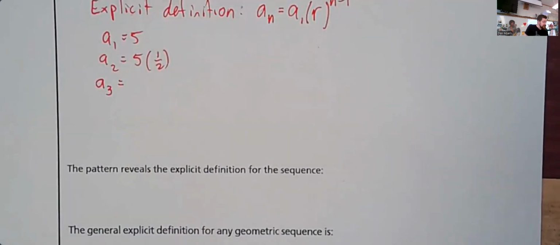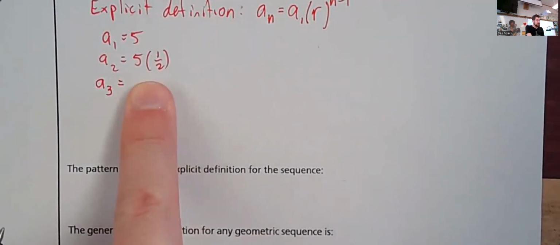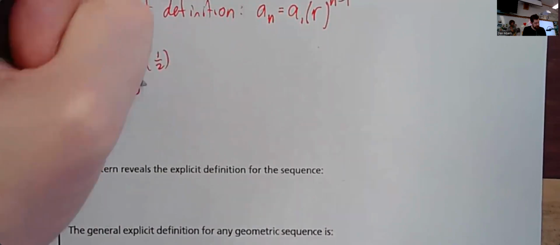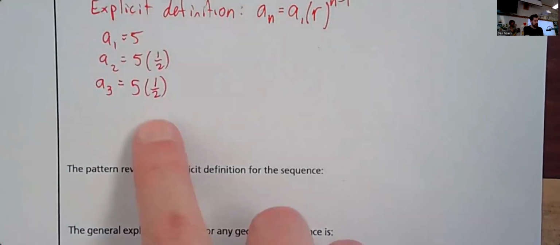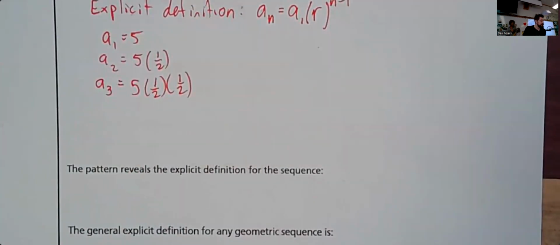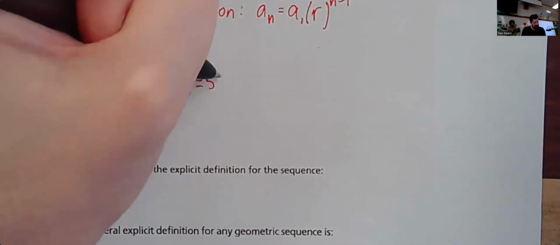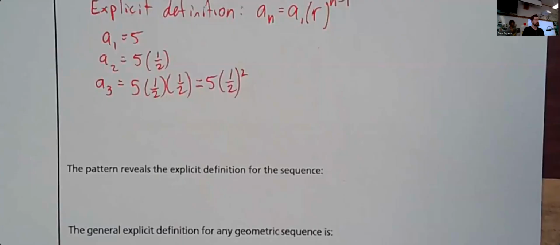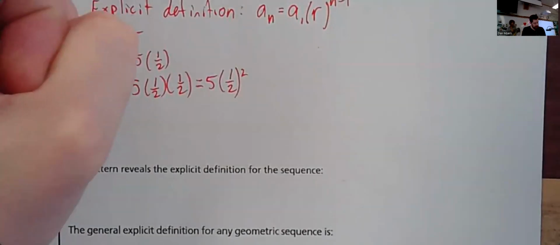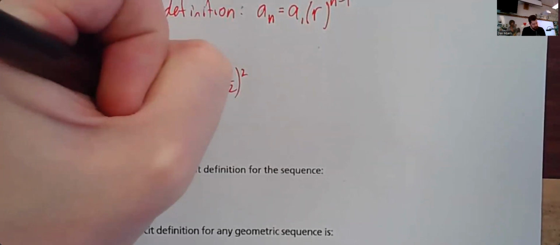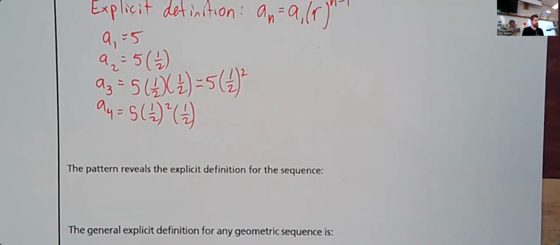A sub 3. Yeah, and that would be the same thing as the previous answer multiplied by 1/2, right? So that would be the previous answer of 5 times 1/2 multiplied again by 1/2, which is the same thing as 5 times 1/4 or 5 times 1/2 squared. A sub 4 is the previous answer, 5 times 1/2 squared times 1/2, which ends up equaling what?